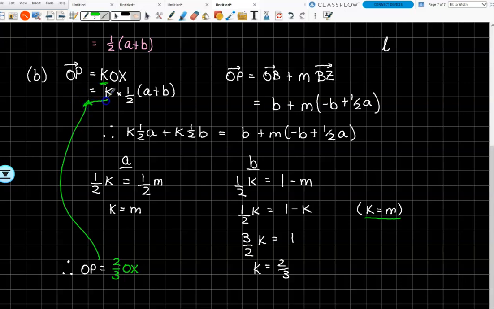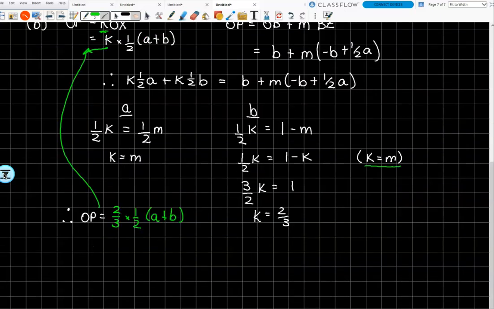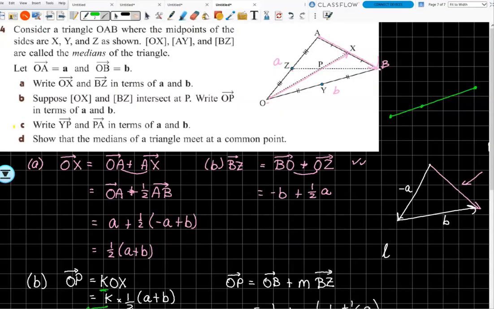Put it in this one, because we want it in terms of A and B. So 2/3 times 1/2 times A plus B. Last time I checked, that can cancel. So 1/3 A plus B.